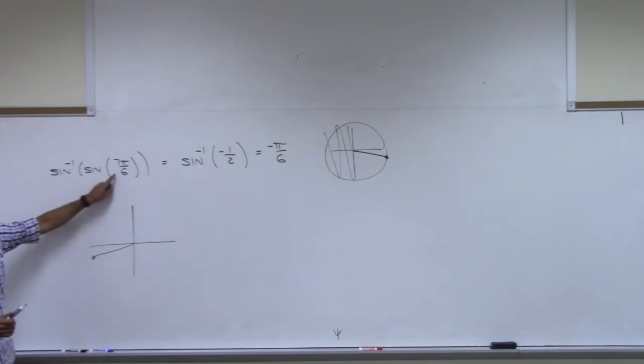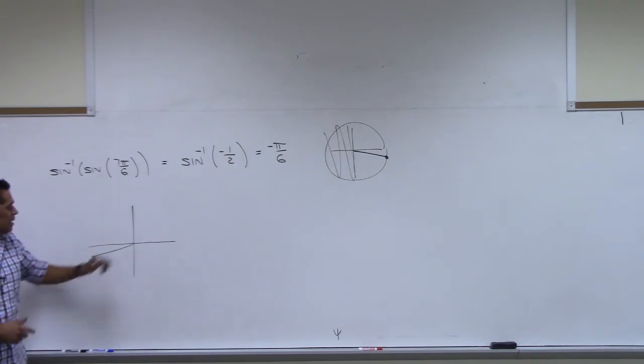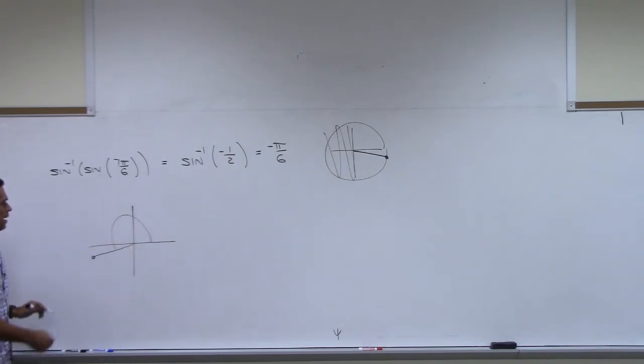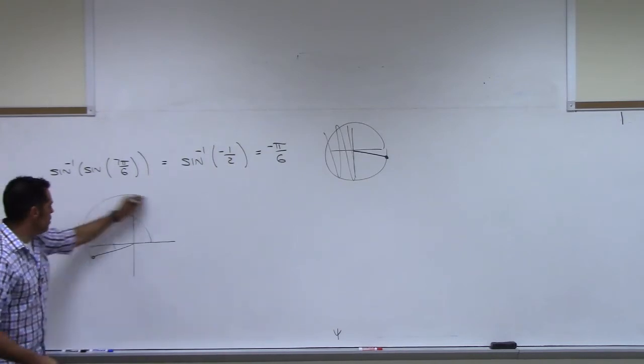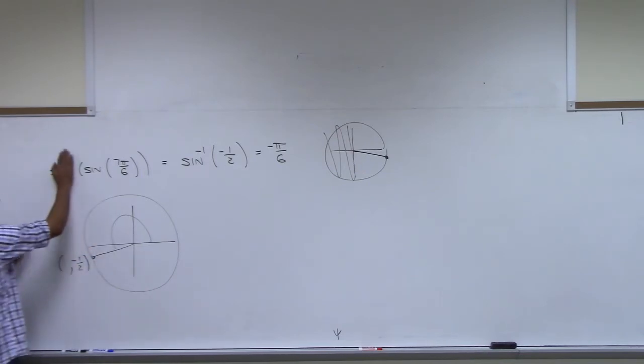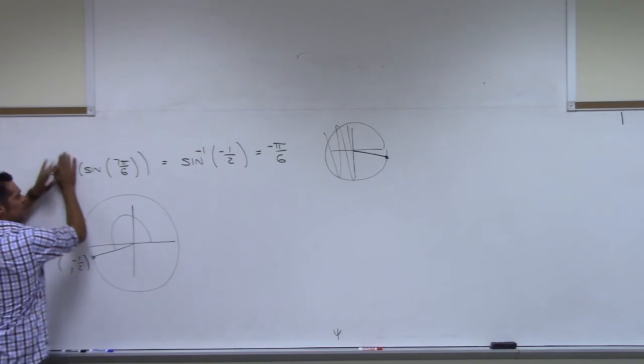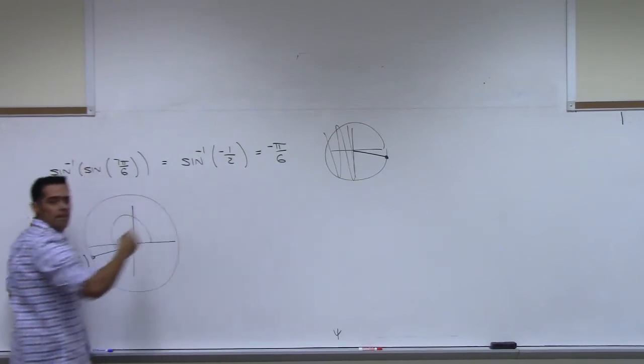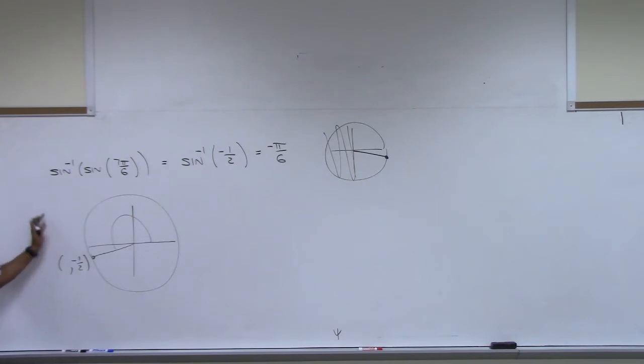I just found where 7 pi over 6 is as an angle, and that's right here. And we know that on a unit circle, the y-coordinate of this point is negative 1/2. The x-coordinate is negative root 3 over 2. So when you say, what's sine of 7 pi over 6? The answer is negative 1/2. Then you have to undo it.